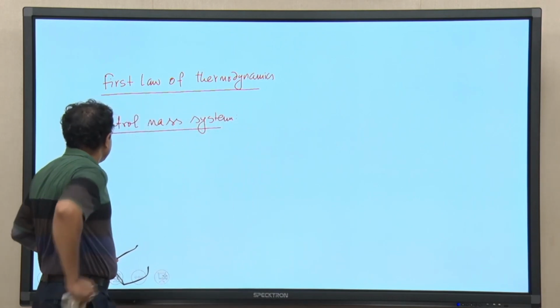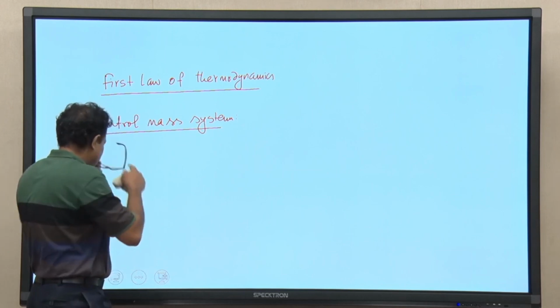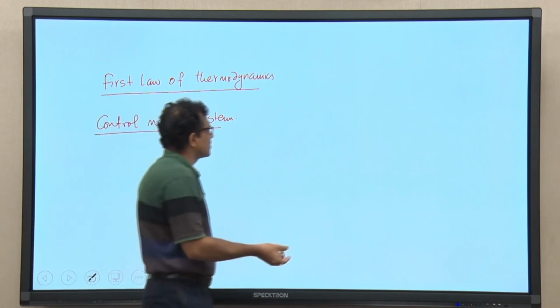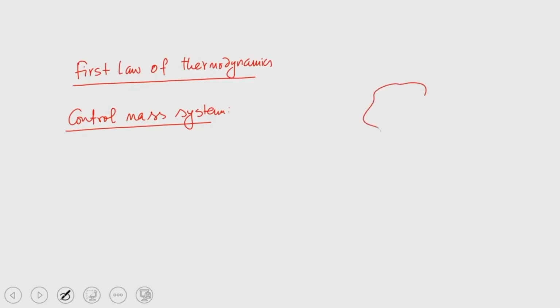So, a control mass system has no mass interaction between the system and the surroundings. Now, if we try to apply the first law to the control mass system, we can consider an arbitrary control mass system, a lumped system, or lumped body.